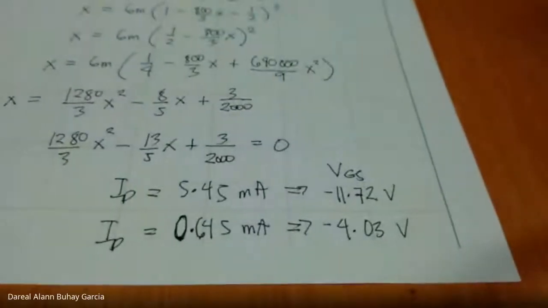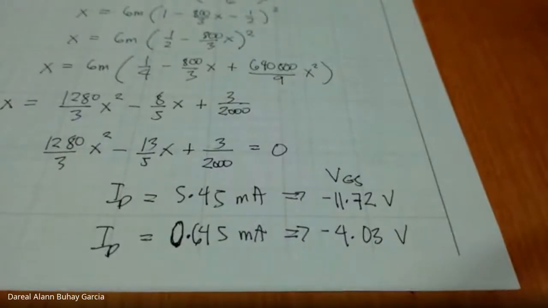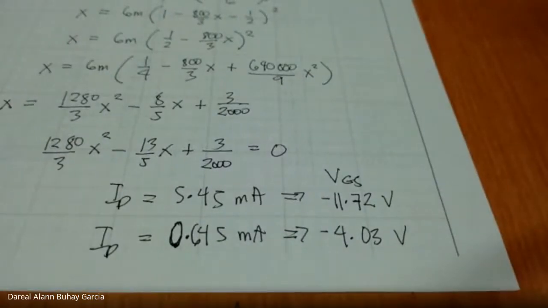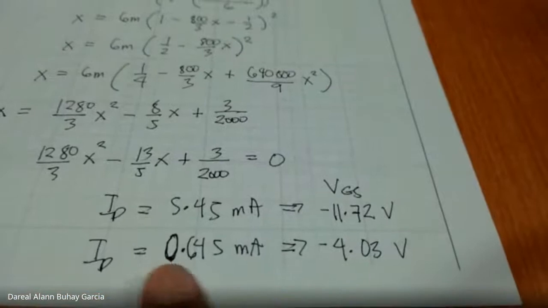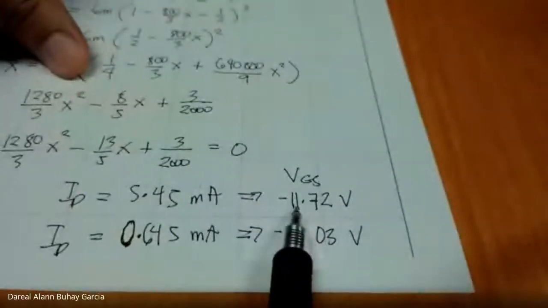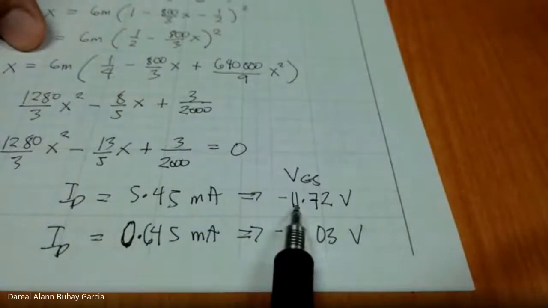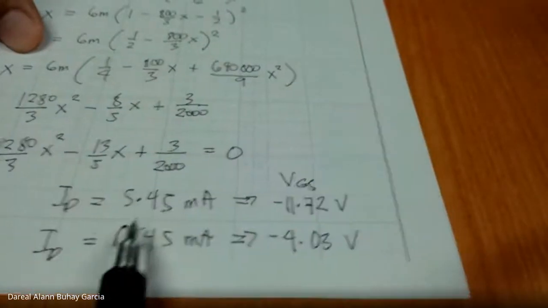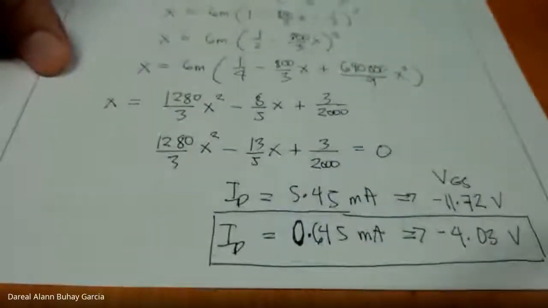So clearly, which of the two is the best answer for our ID and VGS pair? Atong VP is negative 6 man. So dili pwede ning negative 11 kay lampas naman. So dili na siya ato answer. Kani atong answer, 0.645. Right?